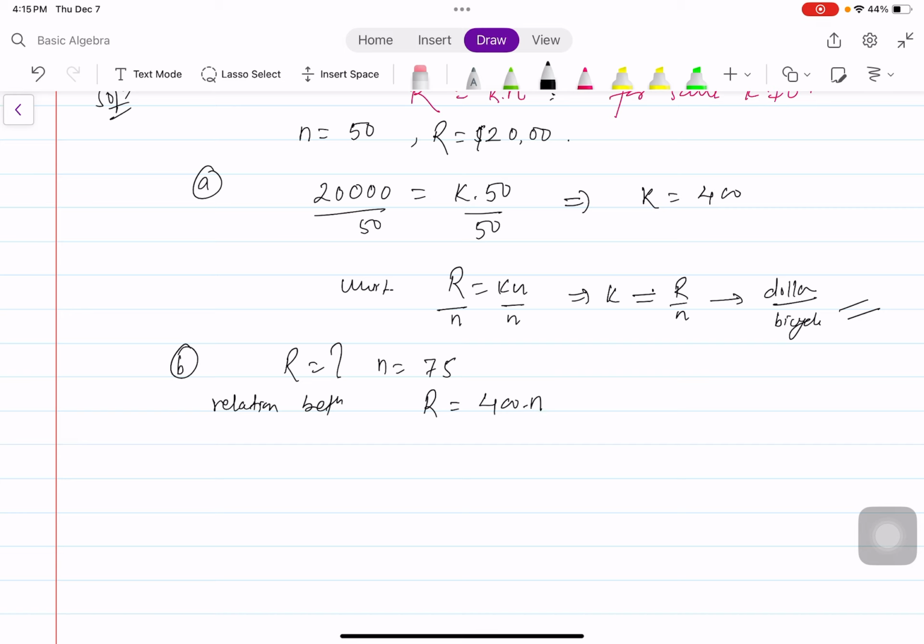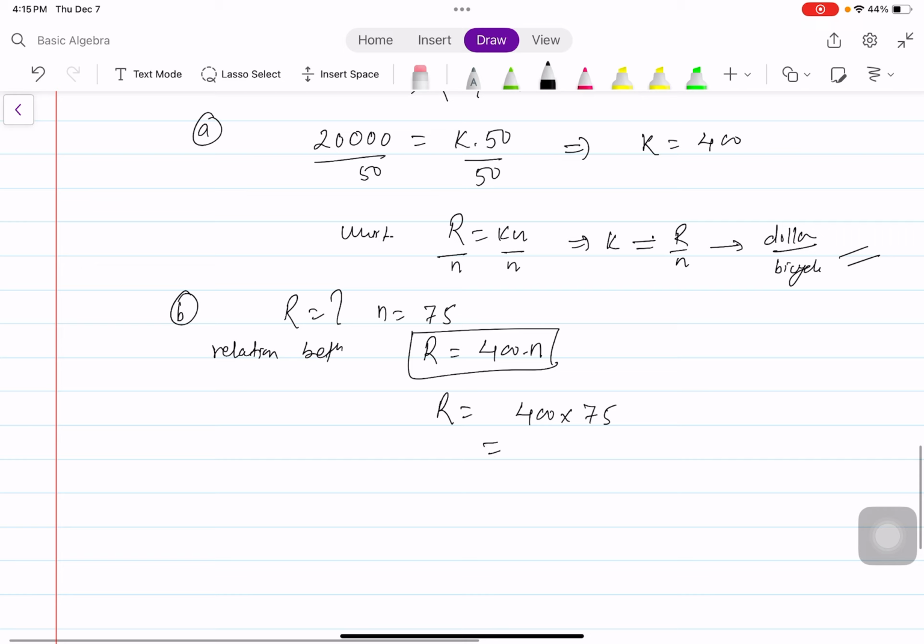So R equals 400 times n. We are given n equals 75. So this will give us our final answer, and we multiply it, which turns out to be $30,000. So this is how we solve the problem.